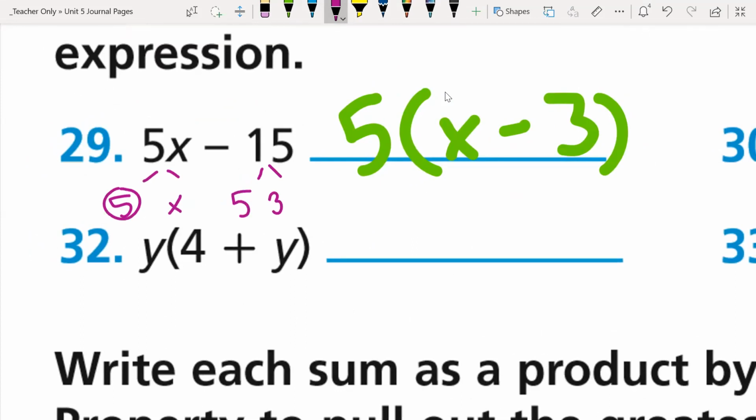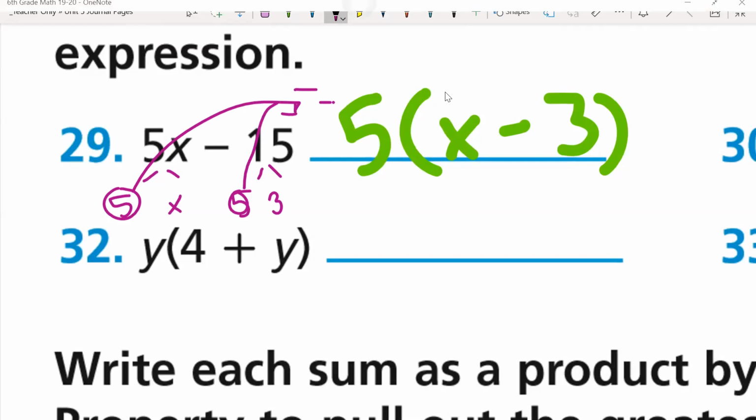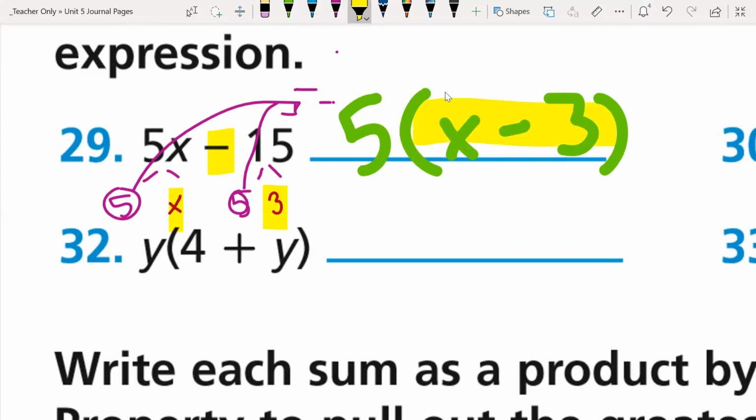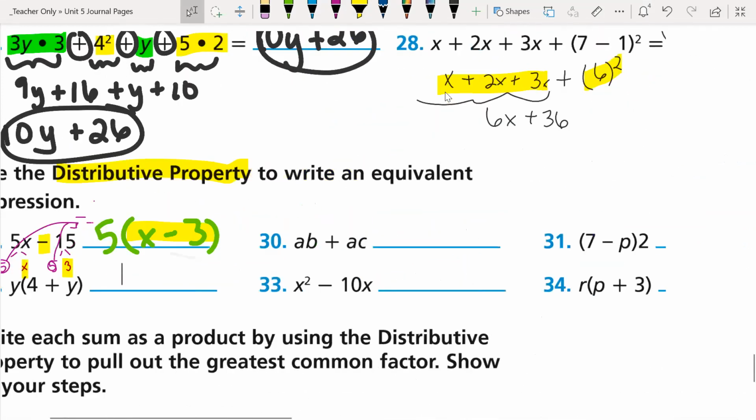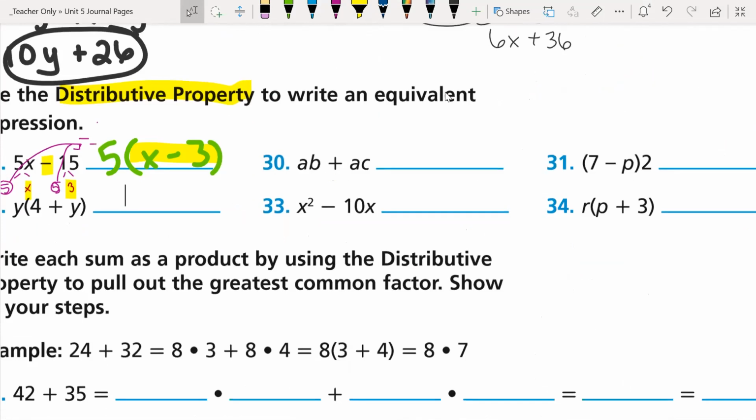I'm going to pull these 5s out and I'm going to put them right here. Then I'm left with x minus 3, which is this. Okay, that's simplifying or rewriting an equivalent expression.